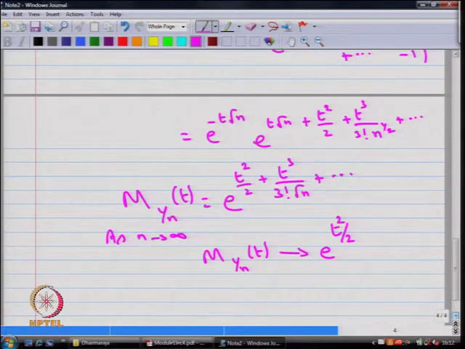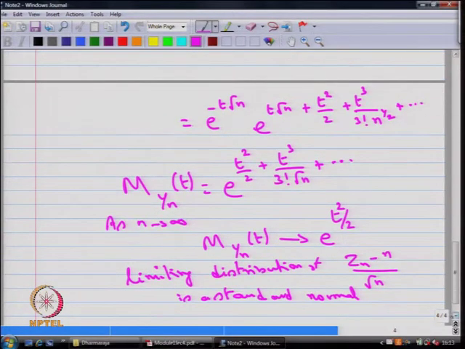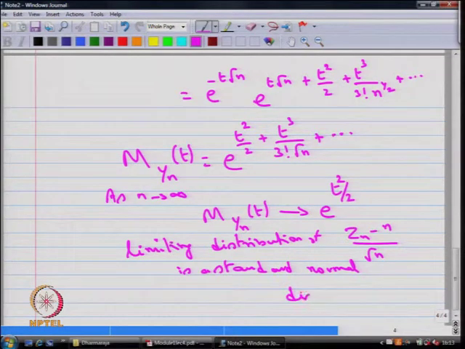Therefore, we conclude the limiting distribution of Yn, that is, Zn minus n divided by square root of n, is a standard normal distribution.